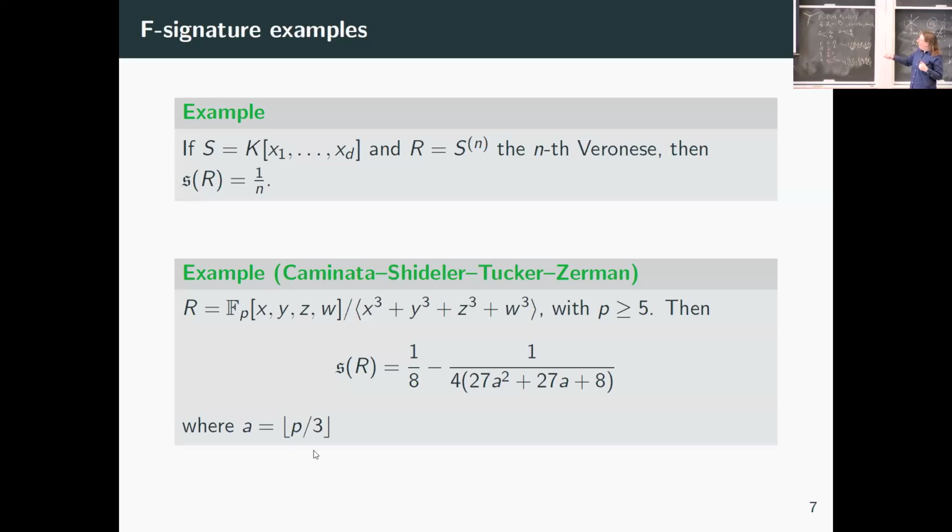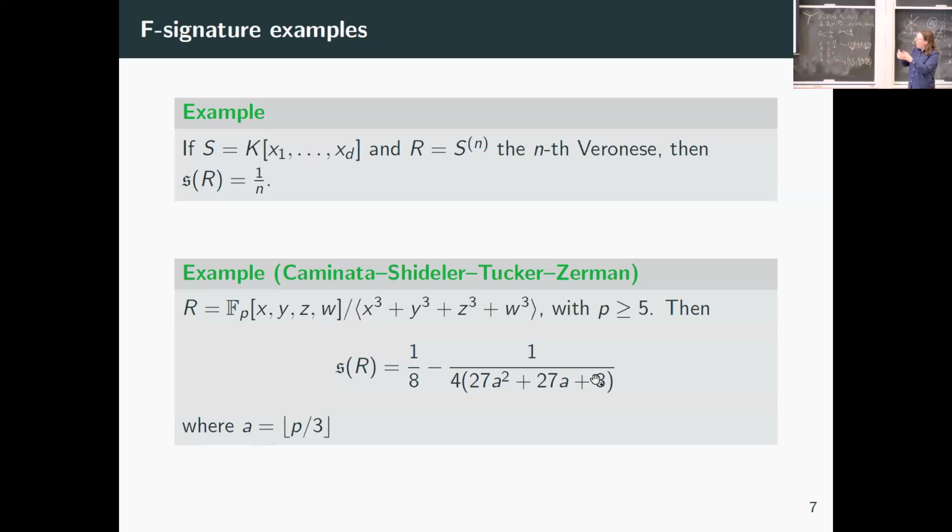And then this one is just here as a more interesting example. We can see, okay, 1 over n, that's a pretty nice formula. This is not a very nice formula. Notice this floor of p over 3 we've got going on here. So not great. I will point out, as p gets larger, this a will get larger, so this denominator will get larger.